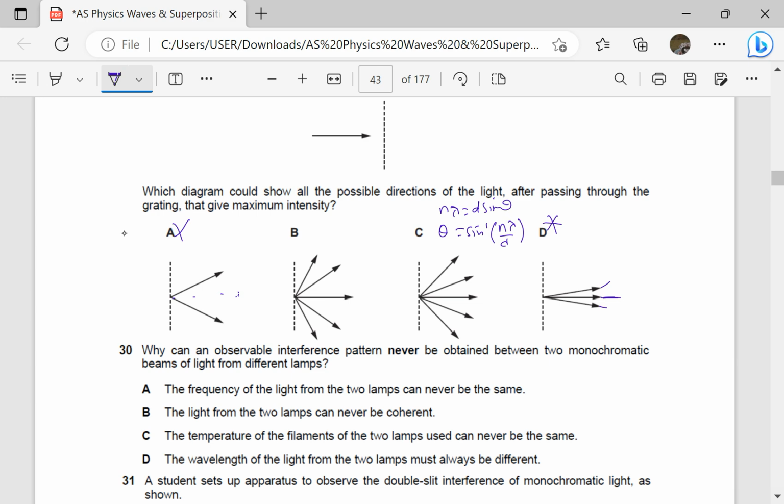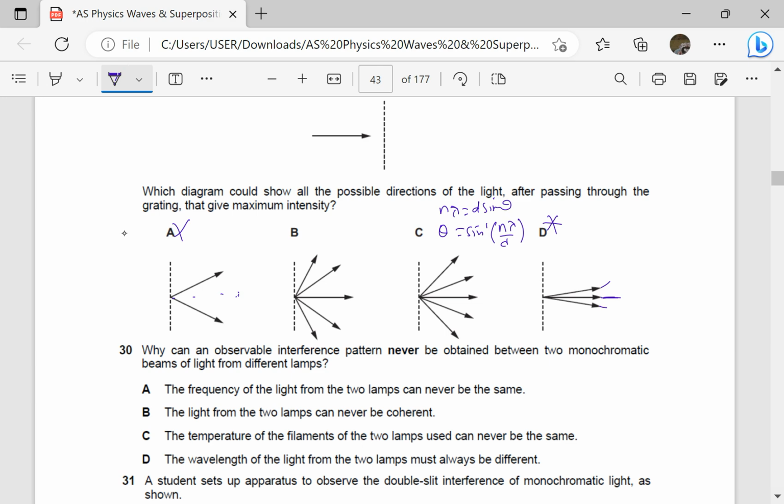If we assume that n is equal to 1, then theta is going to be sine inverse of lambda over d. And if n is equal to 2 or 3, then for the second order, or for the further orders, the value of theta is going to be greater.